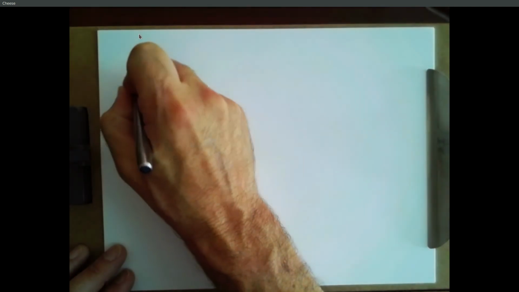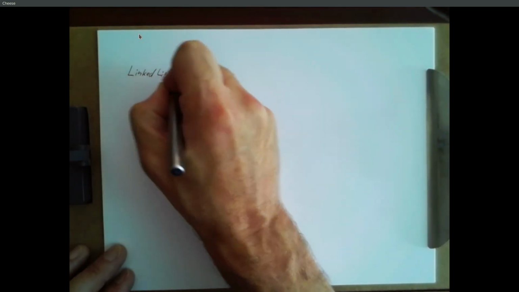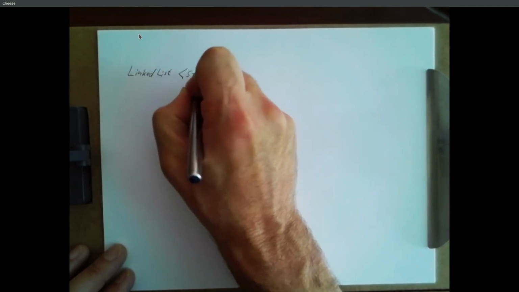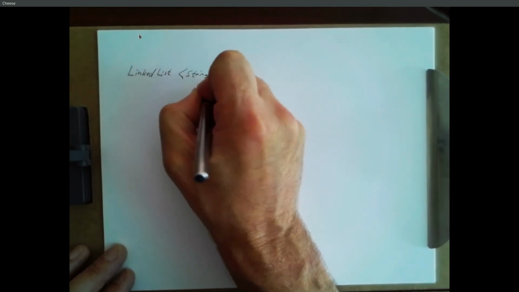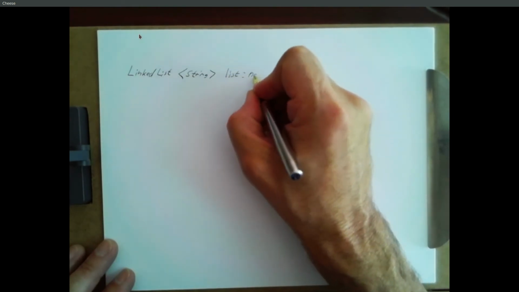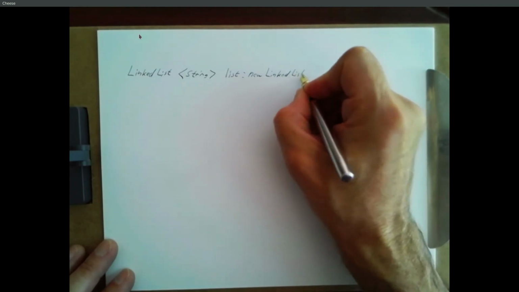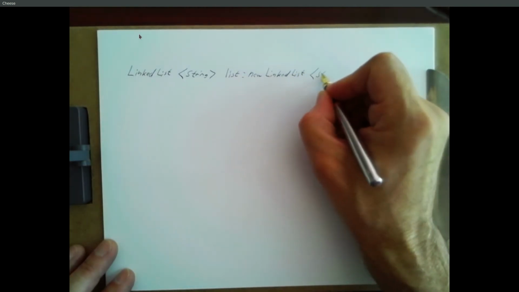So if you want a linked list of strings, you do something like this. You do linked list and then in angle brackets the type of object. And I might call this list equals new. And the rest of this looks exactly the same as usual.